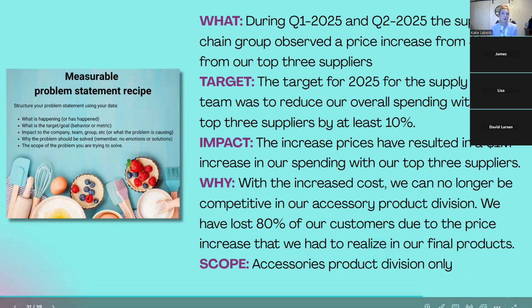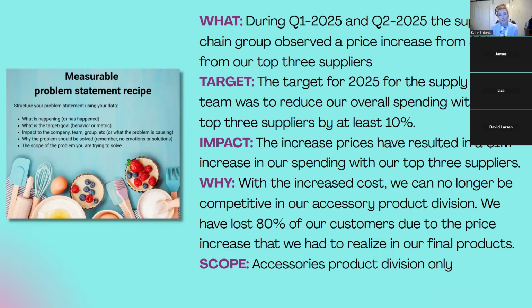Here is the supply chain one. During Q1 and Q2 of 2025, the supply chain group observed a price increase from 3 to 7% from their top 3 suppliers. The target, though, for supply chain was to reduce the overall spending with the top 3 suppliers by at least 10%.